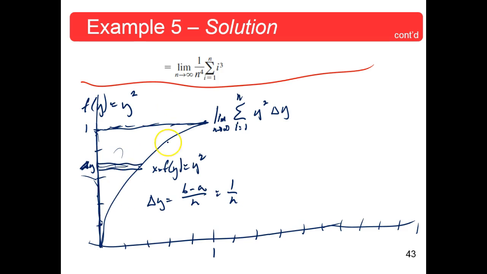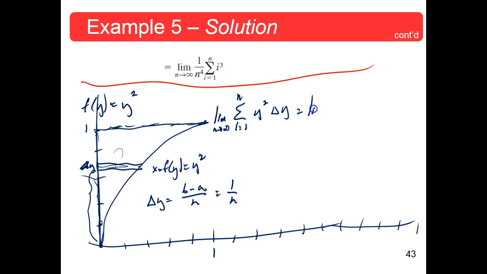Now we've got to figure out what our y is. Okay? Well, the y at 0, of course, is 0. And at any y up here, let's just do what we've got so far.